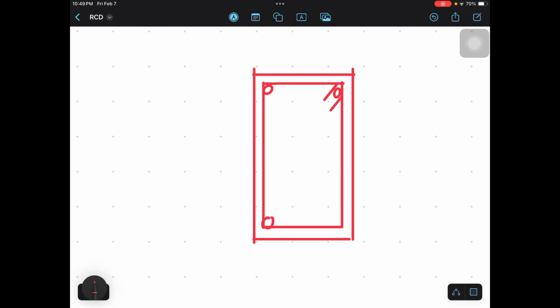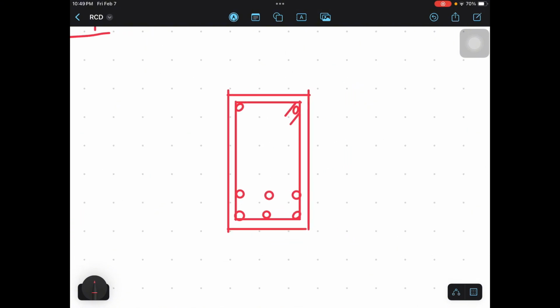So dito tatlo, so yung ating cross section.